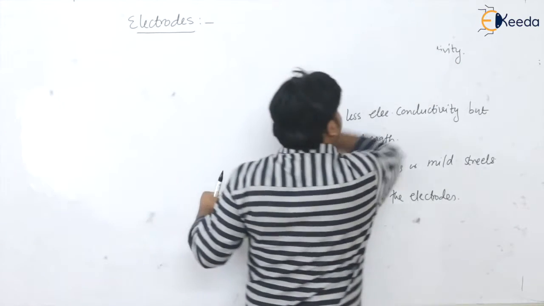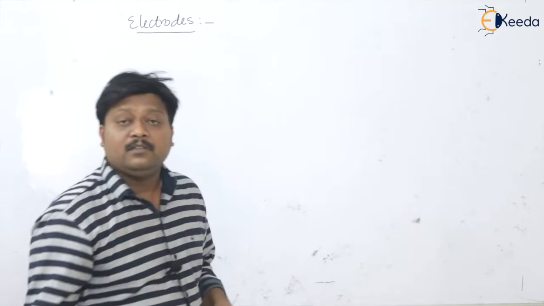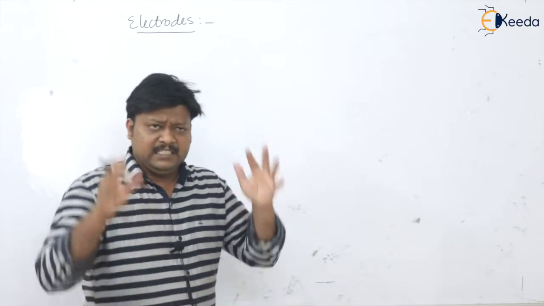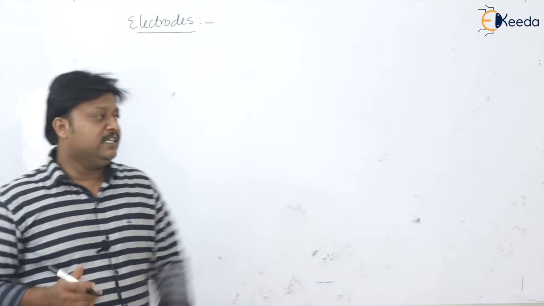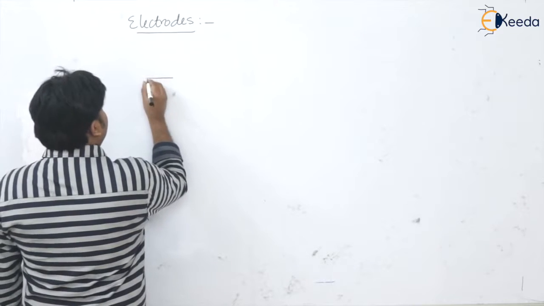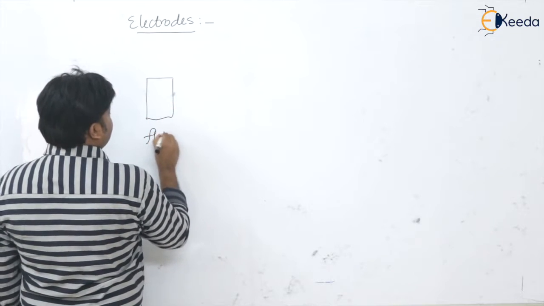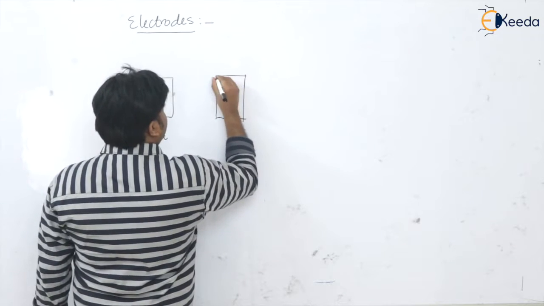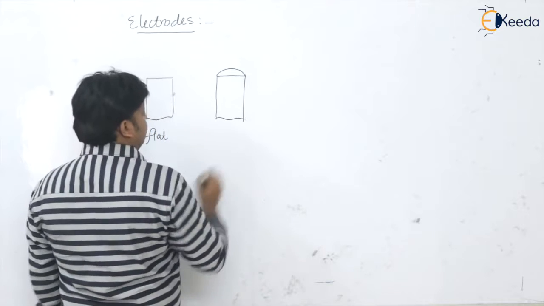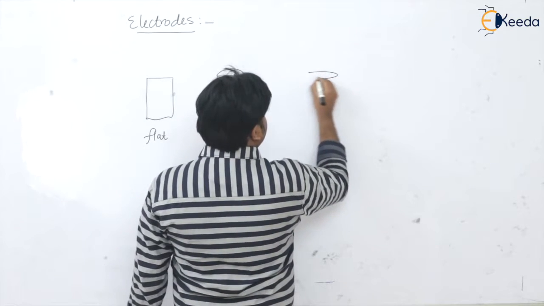Now if you look at the shape of the tip of the electrode, we have various shapes which can be used at the tip. We have the flat electrodes. We have the dome shape. Then we also have some eccentric shape.